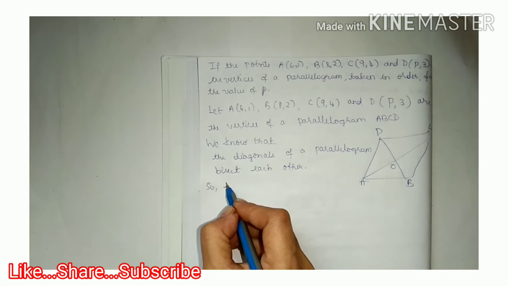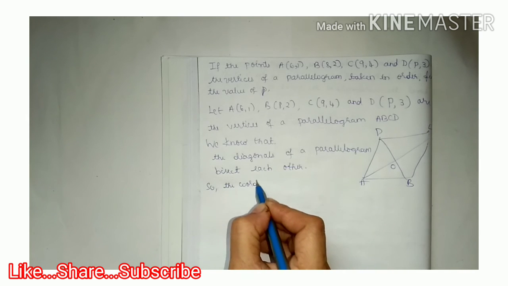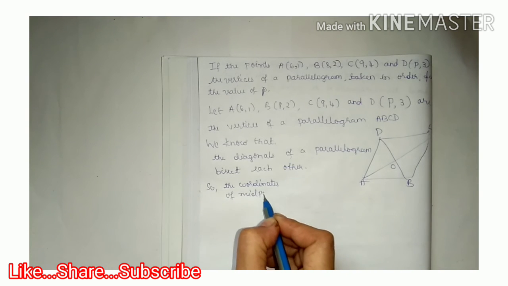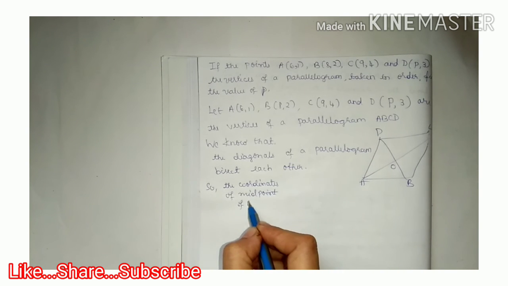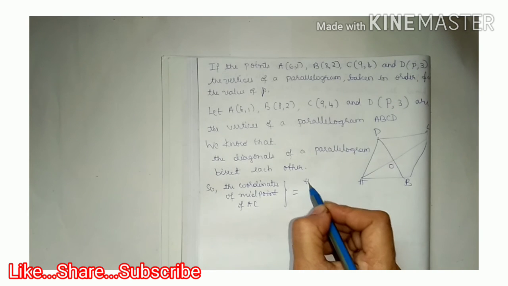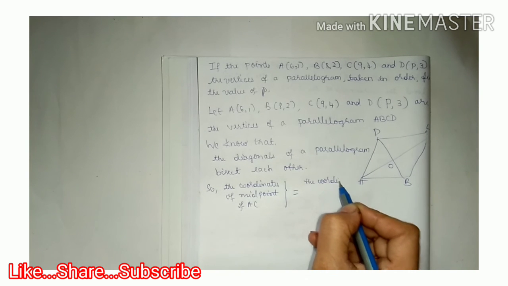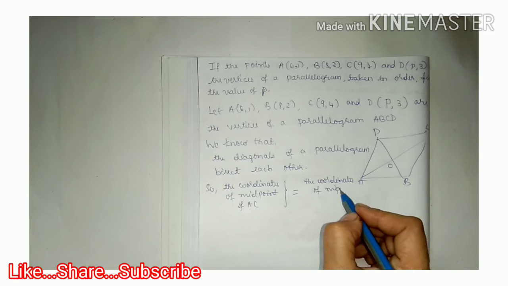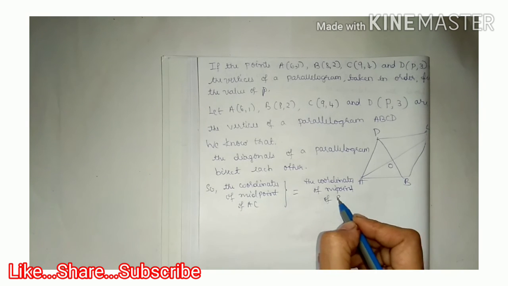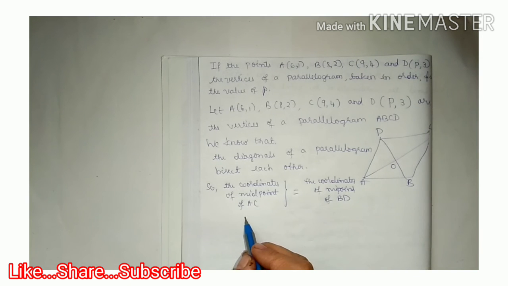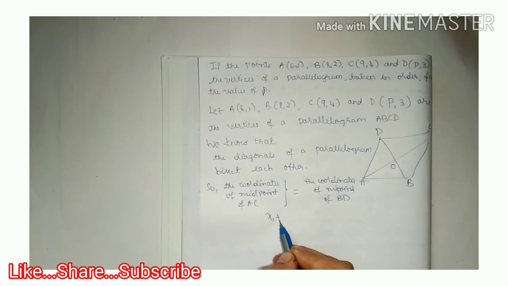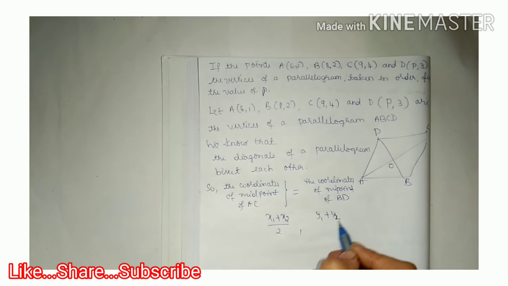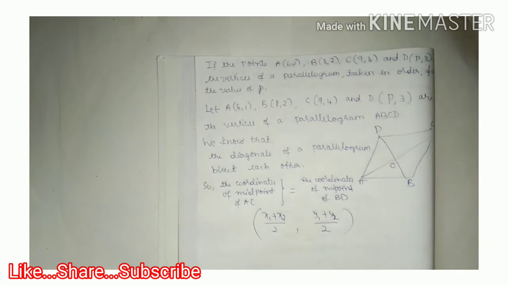So we can write the coordinates of the midpoint of AC are equal to the coordinates of the midpoint of BD, the diagonals. That is, by the midpoint formula, (x1 plus x2)/2, (y1 plus y2)/2.